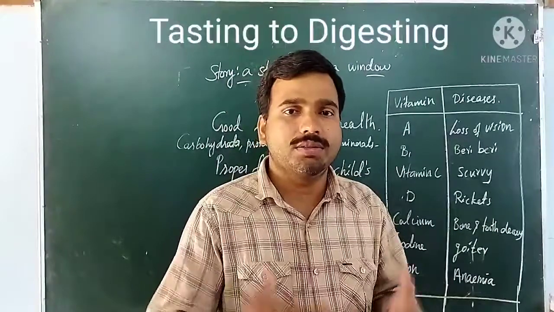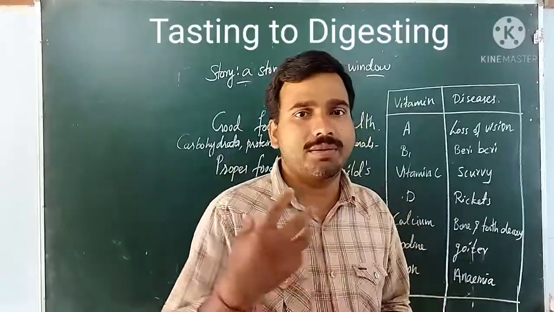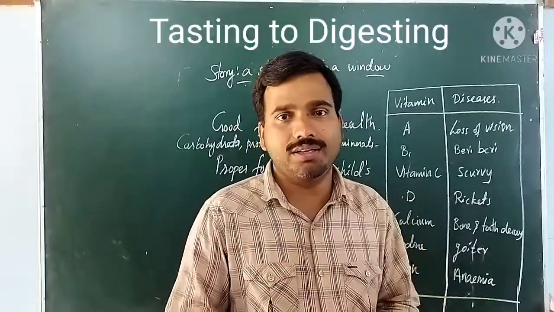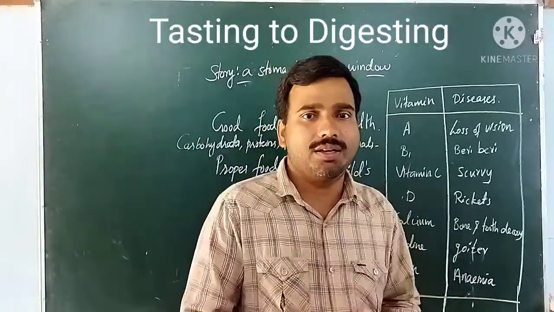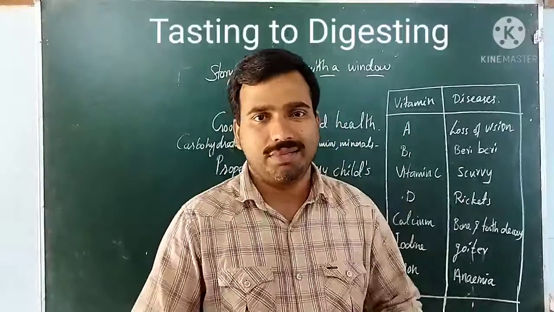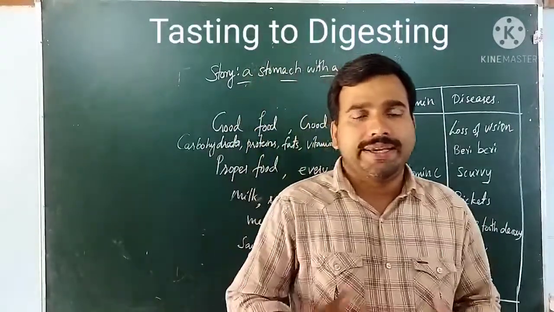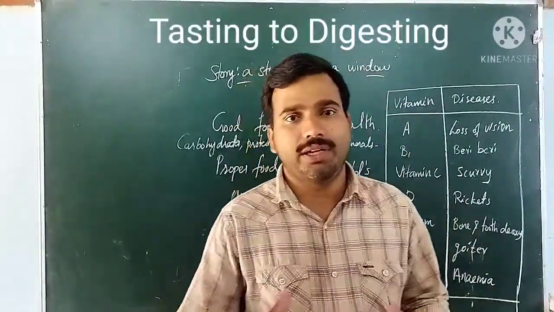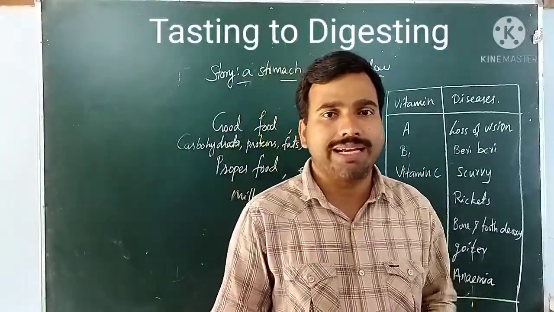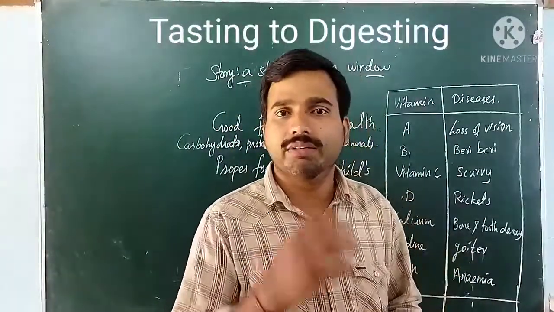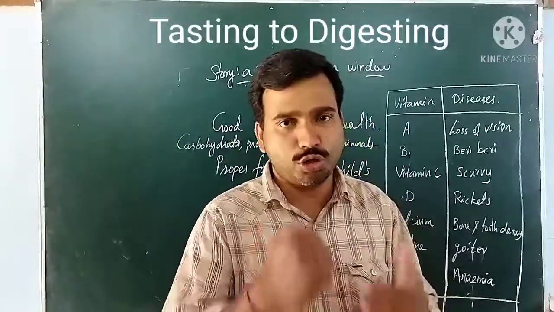In the stomach also, some digestion happens. Acid is secreted within the walls of the stomach, which makes us feel irritated when we are very hungry. This acidic secretion is helpful for digestion, and it also kills some bacteria that are present along with the food.